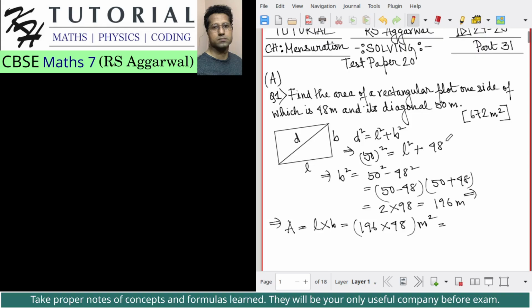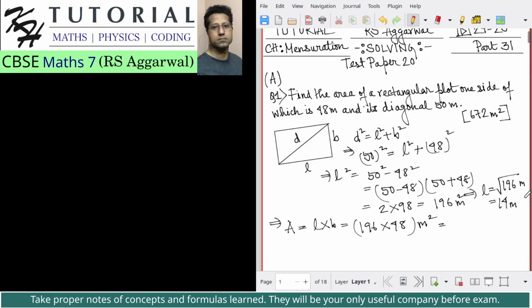So we have 48 square plus L square. L square is equal to 196 meter square. So L is equal to square root of 196 meter, which is equal to 14 meter.